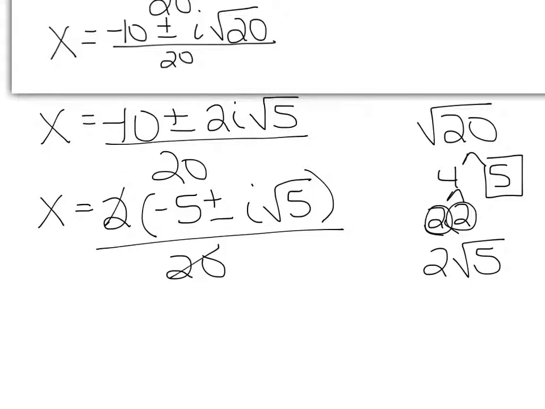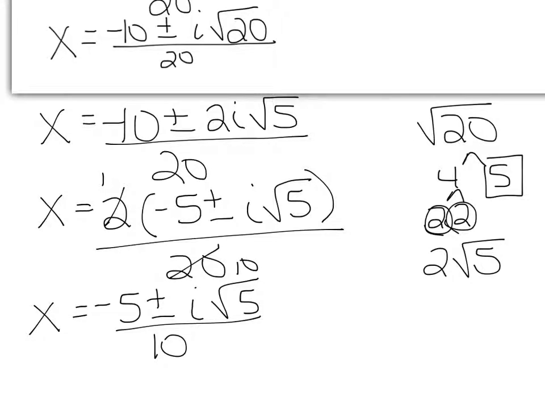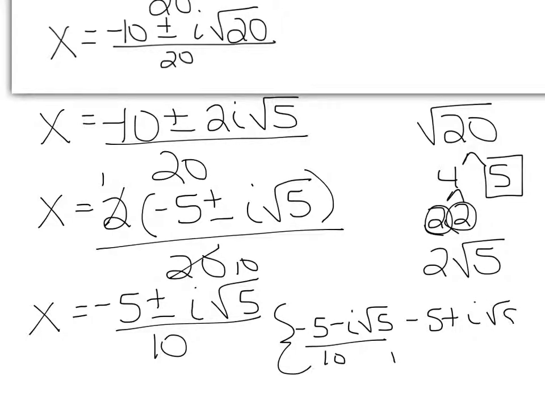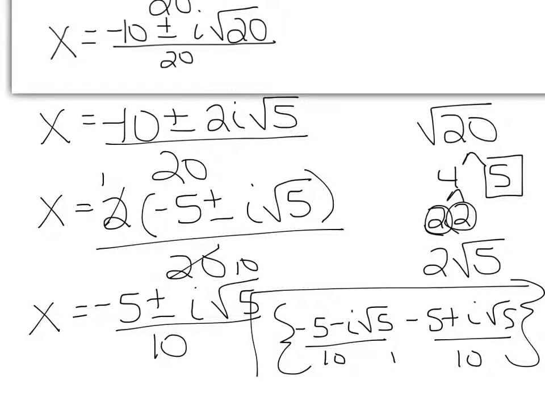The 2 and the 20 reduce to 1 and 10, which is x equals -5 plus or minus i square root of 5 over 10. So that's -5 minus i square root of 5 over 10, -5 plus i square root of 5 over 10. And that is your answer.